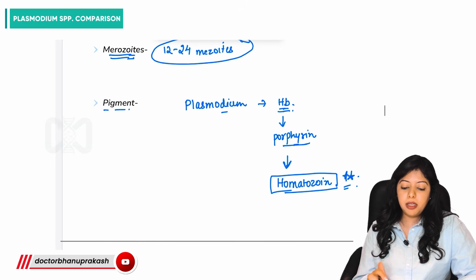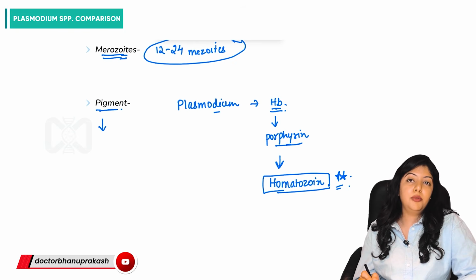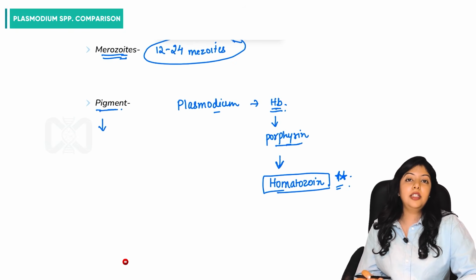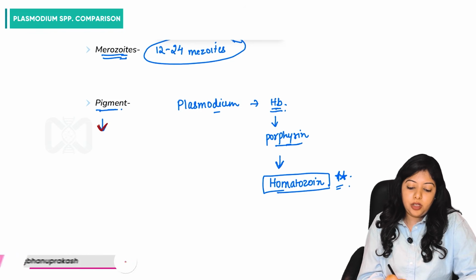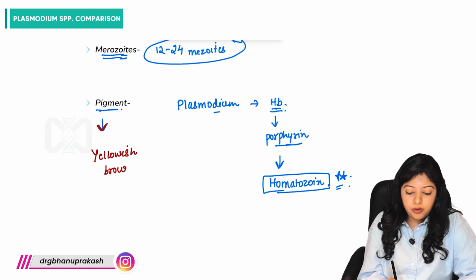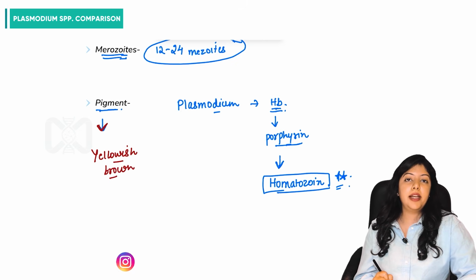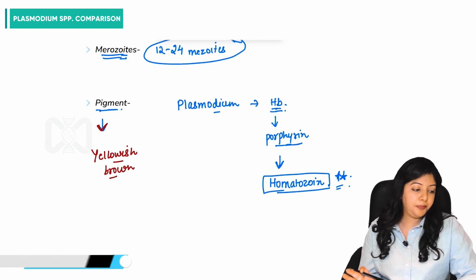Right? So what is the pigment we are talking about? We say on the Viva day, most of the students' faces, they turn yellowish brown. So what is the pigment we are talking about? The Plasmodium vivax species, it is yellowish brown in case of vivax, whereas all other species, they have brown pigment to them, right?